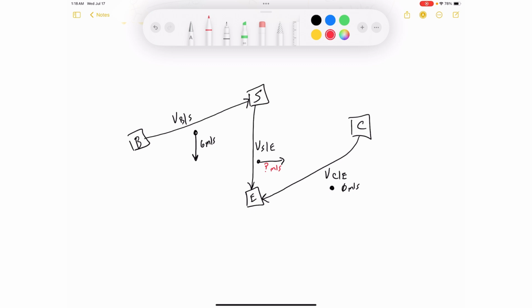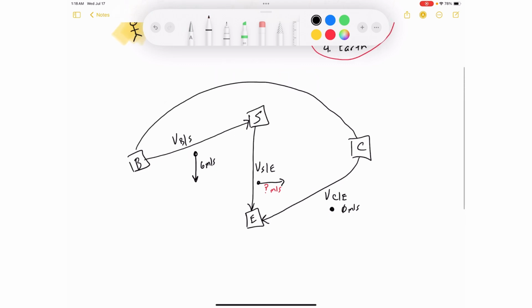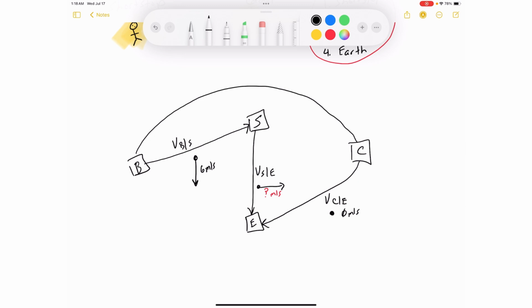And then the last piece of the puzzle is between the ball and the catcher. So the arrow looks like this, and this is the velocity of the ball relative to the catcher.